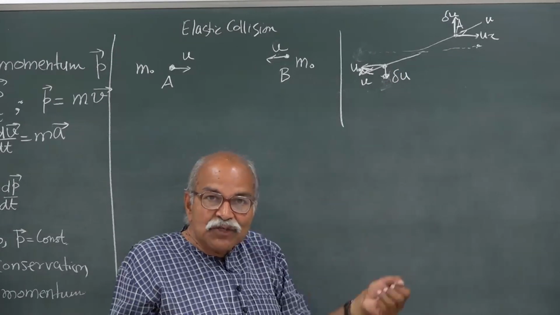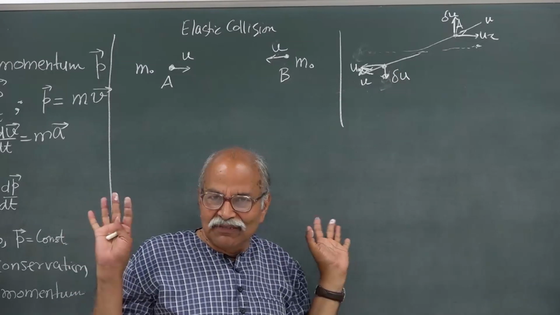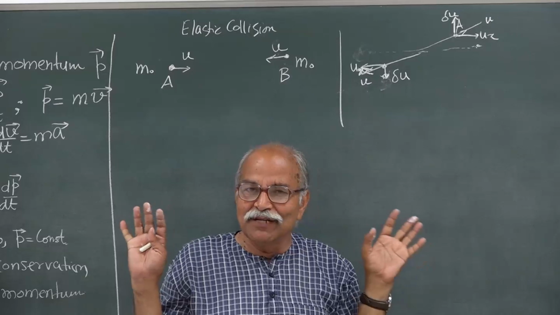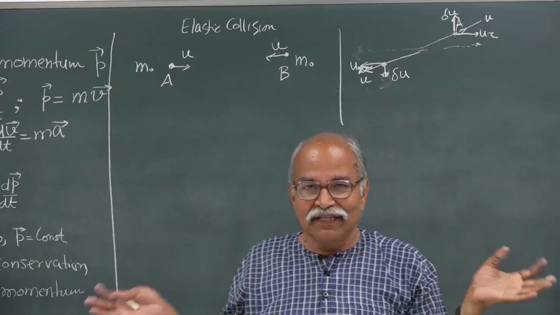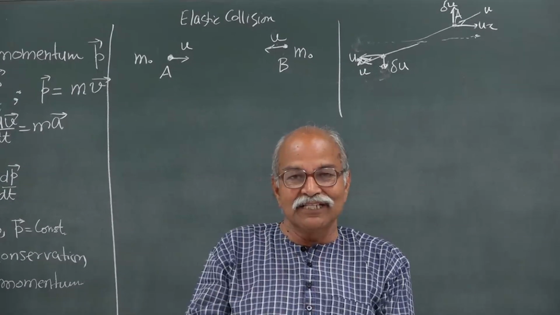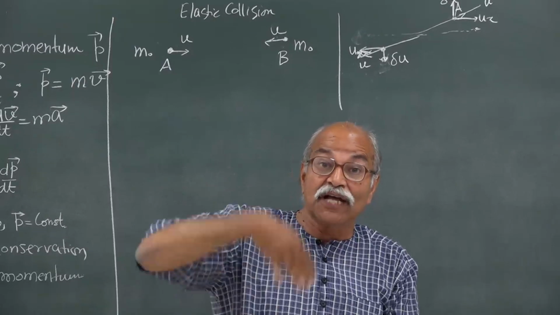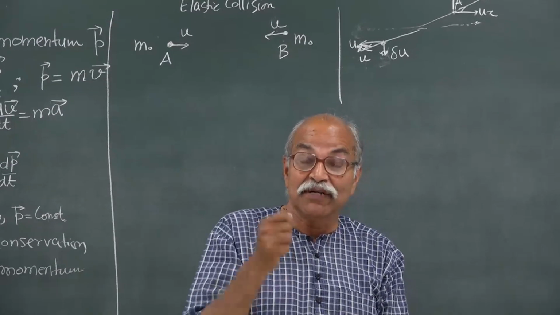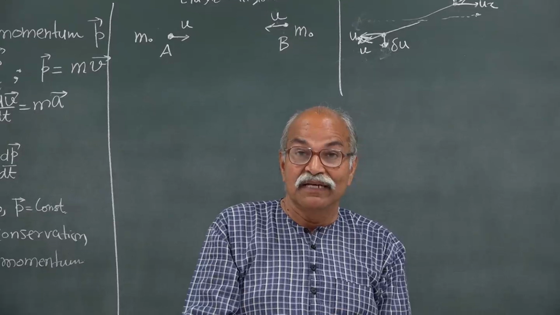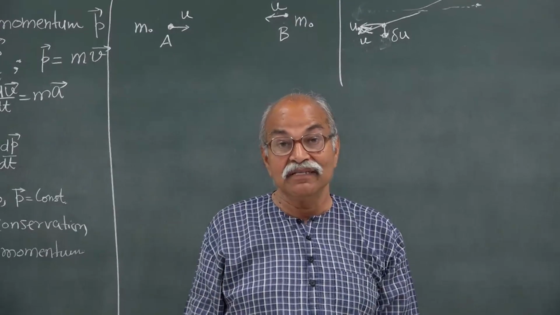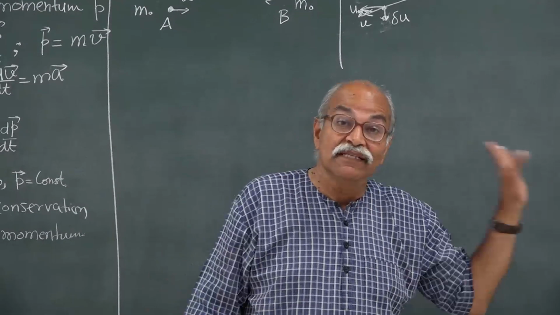All these things I am telling from Newtonian mechanics, but even otherwise the kinetic energy will depend on u and mass, even if it is not half m u square, and since the two particles have the same mass, the two speeds have to be the same.